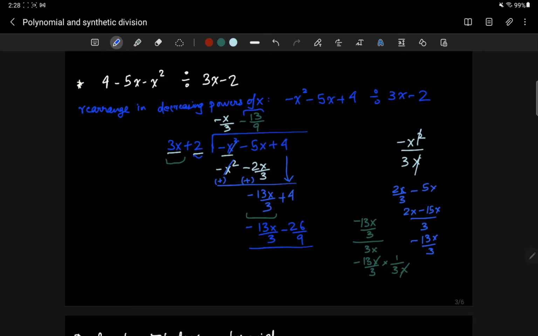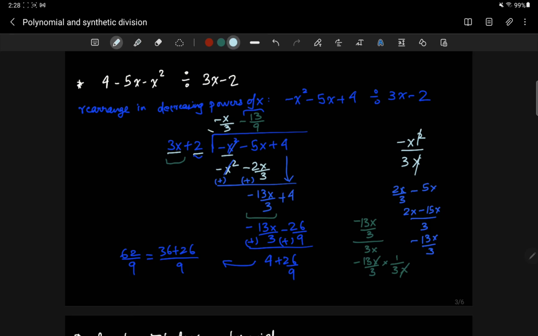And now when you subtract, this is a plus and this is a plus. So you end up with 4 plus 26 over 9, which if you take the LCM is going to be 36 plus 26, which is further going to be 62 over 9.